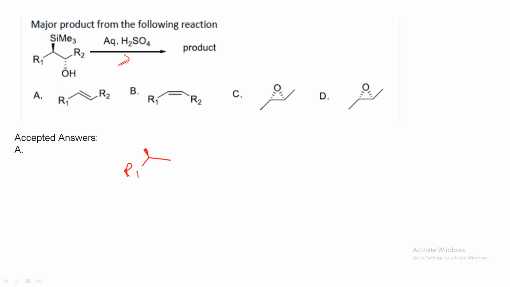So if we use these, and here now we are using H2SO4, a very much acidic source, right? So it should get protonated like this. After protonation, what would be happening?